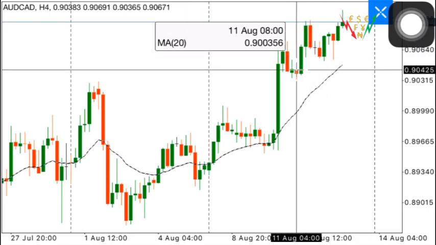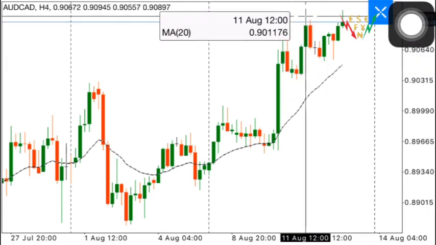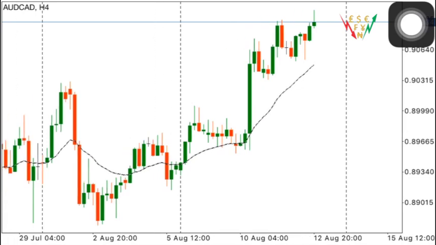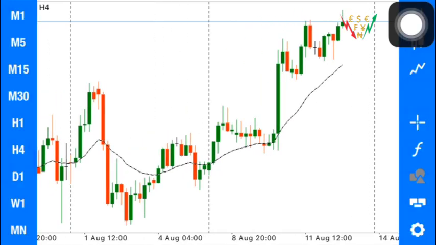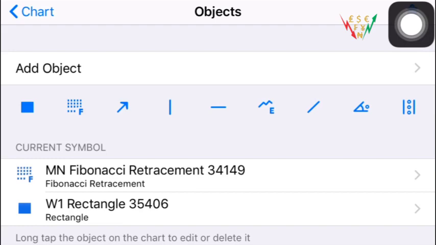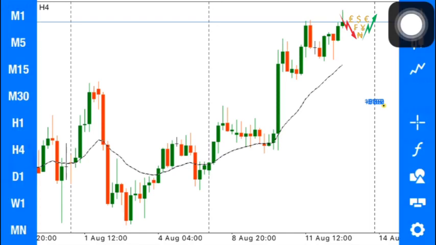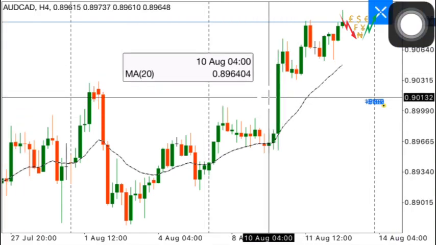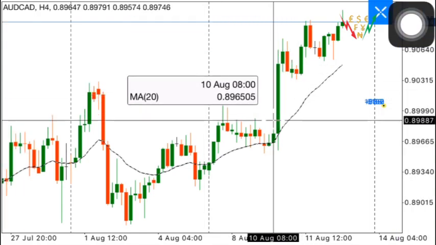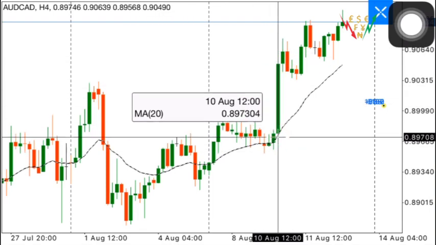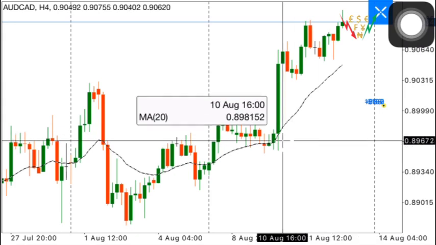I won't be going into details on how we could find entries around here. Perhaps that will be in different content. So we just want to wrap it up here. We want to draw the latest swing just like we did, right? If you look here, this is another impulsive move. This is in fact the most recent impulsive move to the upside, and after that there is a demand zone somewhere around here.